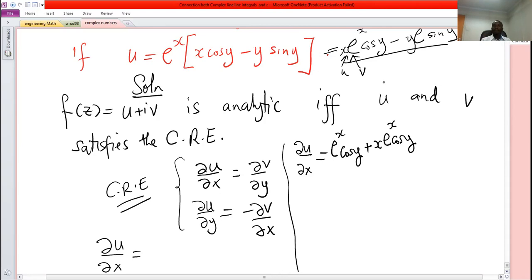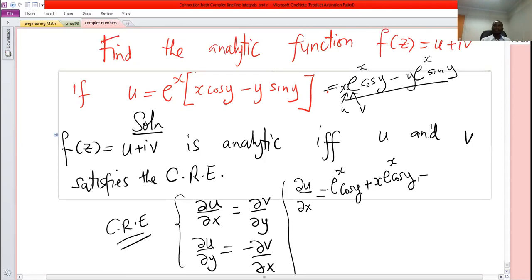And then minus y e raised to the power x sine of y.